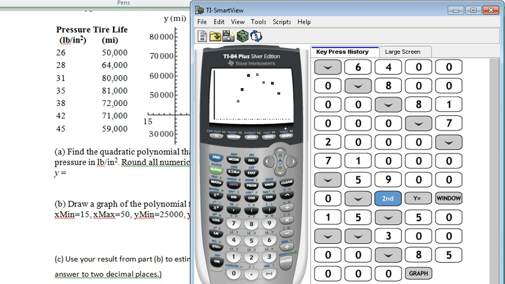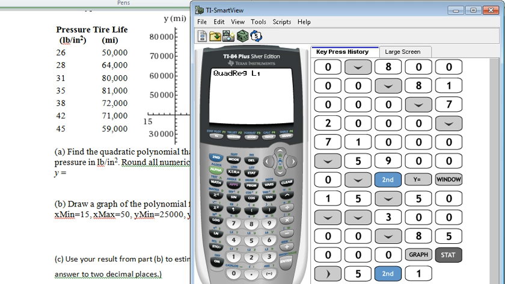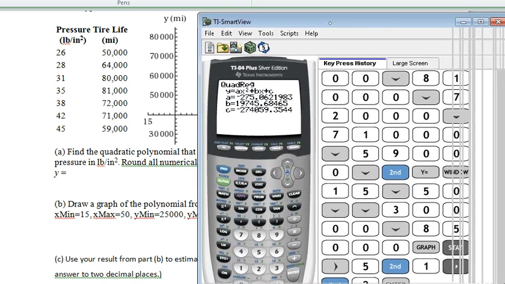So now let's get the equation of the quadratic polynomial that best models this data. So we will go back to Stat, over to Calc, press 5 for quadratic regression, second 1 for L1, comma, second 2 for L2, press enter. And this time we are to round our data to 3 decimal positions.